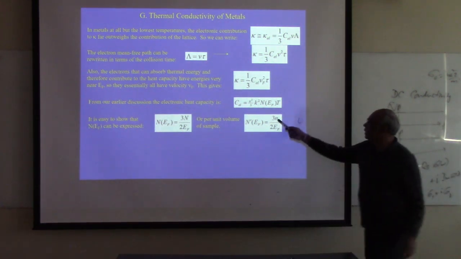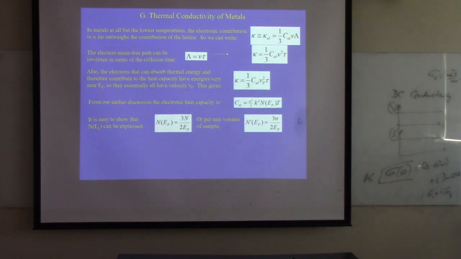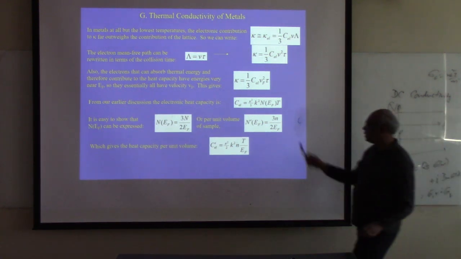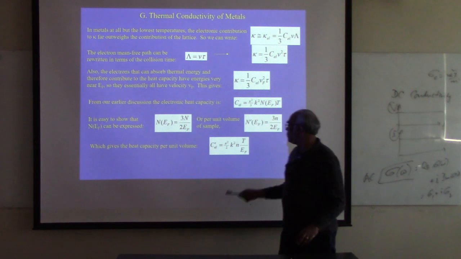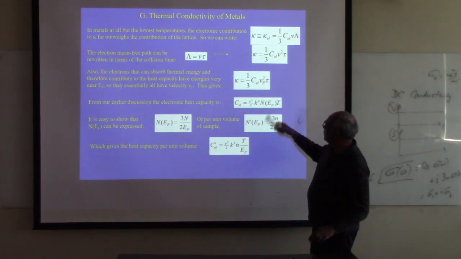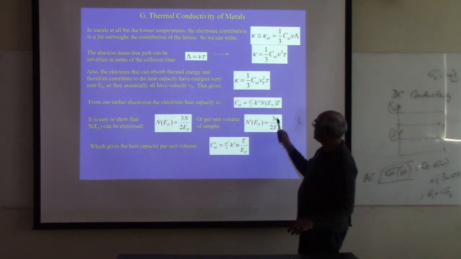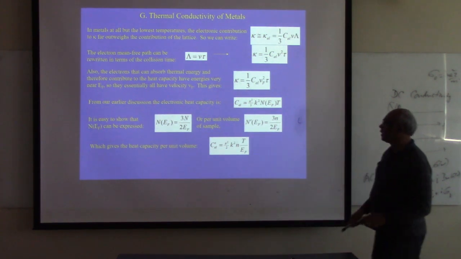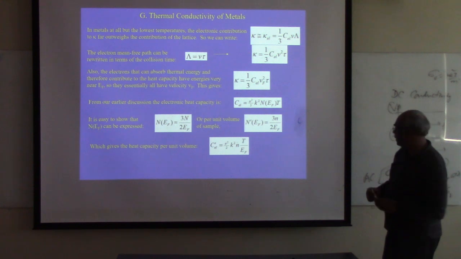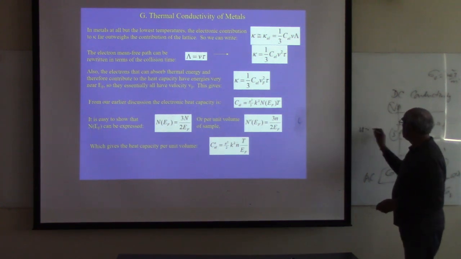So then you get 3N over 2EF per unit volume. So if you plug in that one, that capital N becomes simple n, right? So this is per unit volume. So the same function of T, except this N becomes just the number of electrons per unit volume, right?